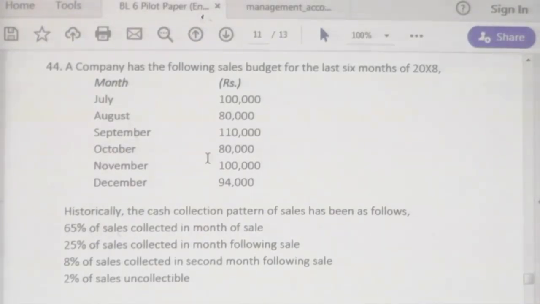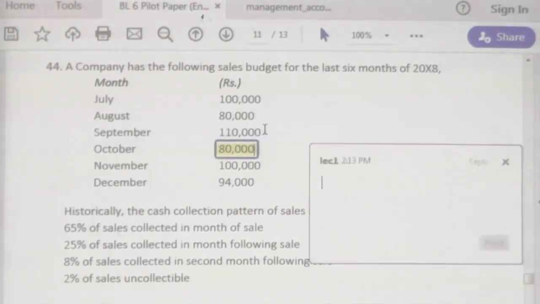To calculate this, we need to calculate the cash budget for these 3 months, especially for cash collection. Now they are asking, what is the cash collection of the month of October? Let's calculate. Month of October cash collection, 65% from October sales, because 65% of sales in the same month they will collect.